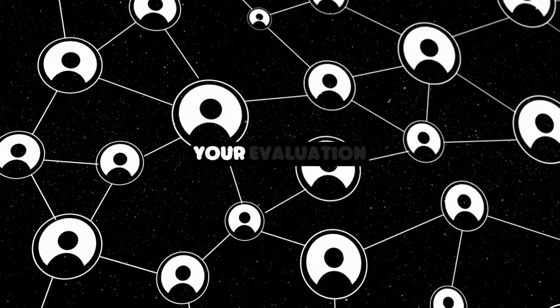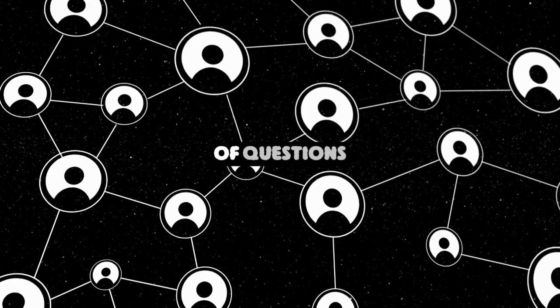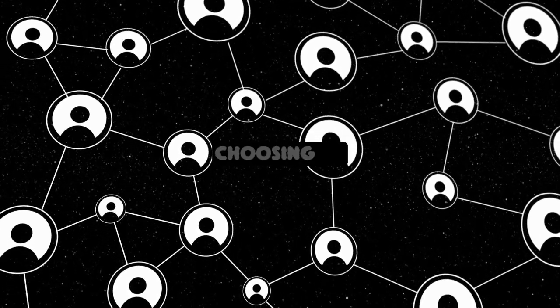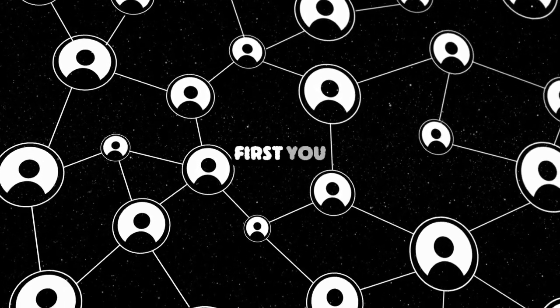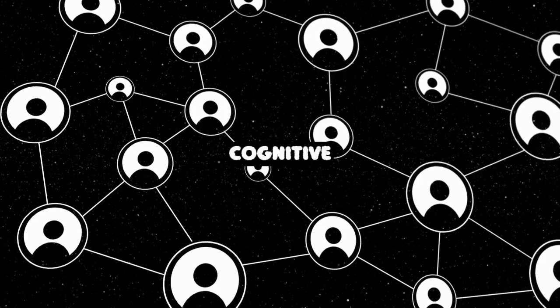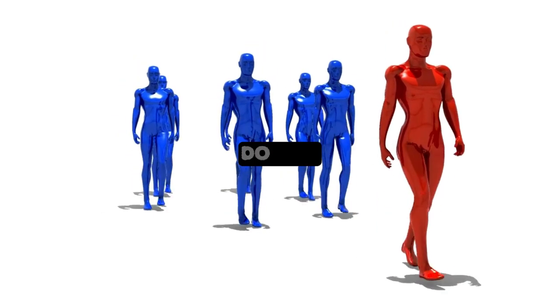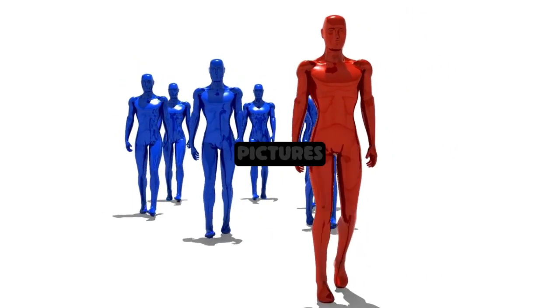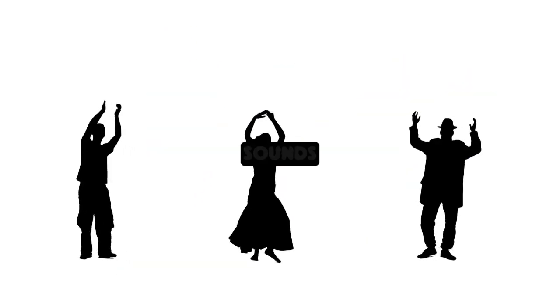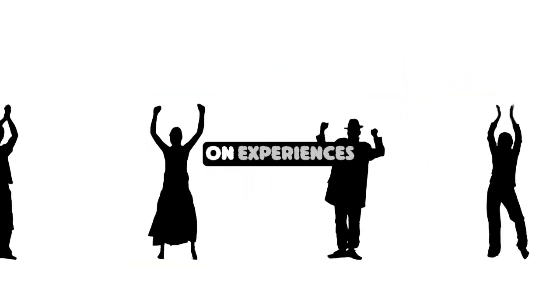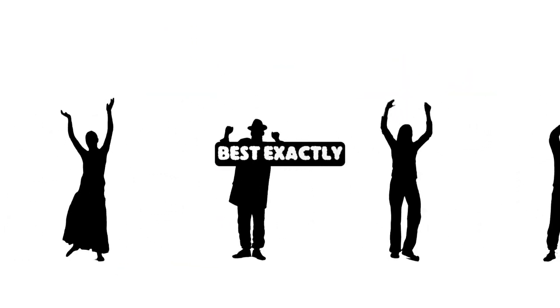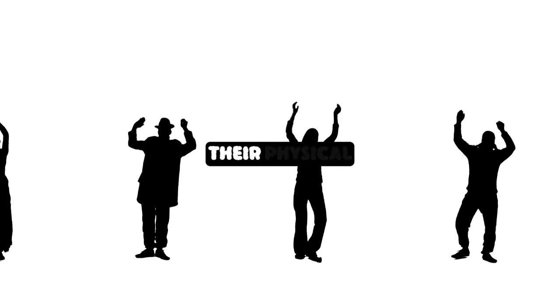Okay, so you've had your evaluation. What kind of questions should you be thinking about when you're choosing an AAC system? Well, first you have to think about the person's cognitive and learning abilities. Do they learn best visually through pictures, auditorily through sounds, or maybe through hands-on experience? You have to think about how they learn best. Exactly. And then you also have to consider their physical abilities.